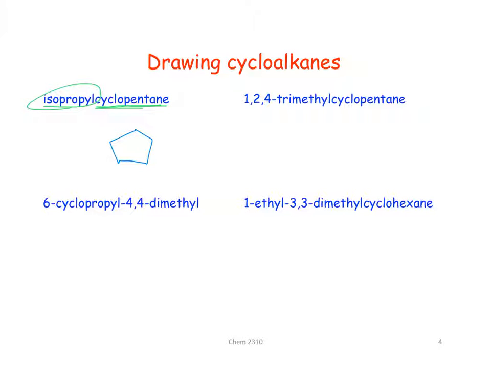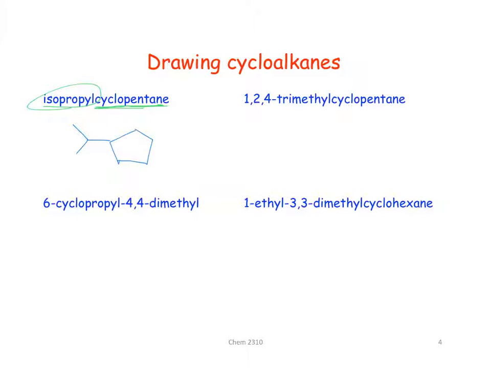Remember what an isopropyl is? Three carbons with a branch, 2 methyl groups on the end, like this. It doesn't matter which carbon I attach it to, because we always start numbering from the position of the group. In this case, because we only have one group, we don't have to put a number.